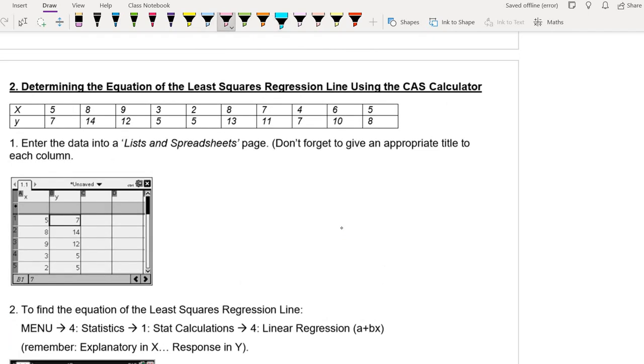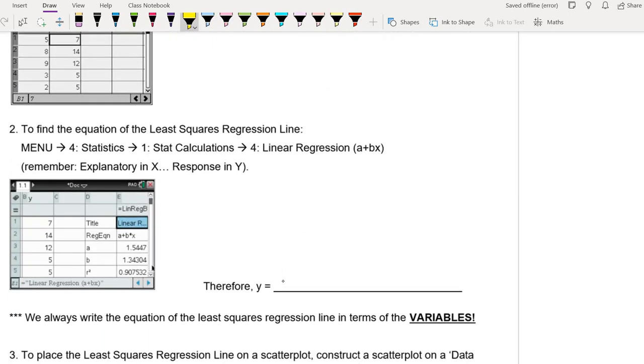For example, if we have data x and y and we're given all these values, we put them in order, making sure that if you put 5 first for x, then you put the 7 that comes with the 5 for y. We label the columns as well on the CAS. Once you've done all that, we go menu, statistics, stat calculations, and linear regression a plus bx.